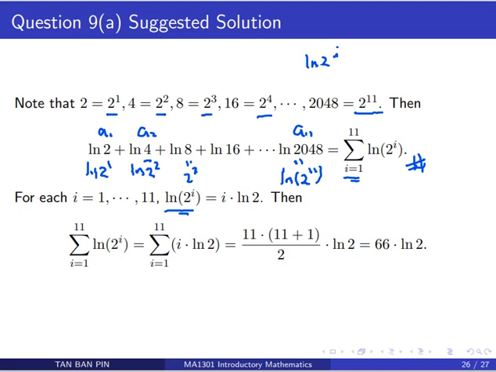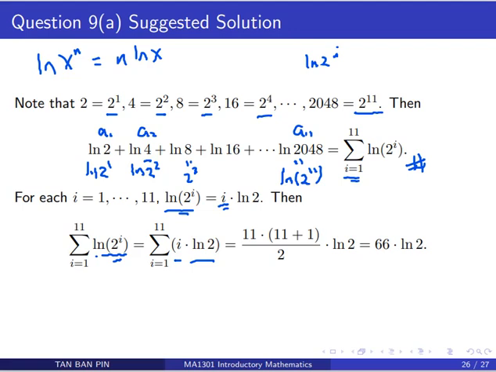So first we take note that ln x power n can be written as n ln x. So you can bring the power i down as i ln 2. So the summation of ln 2 power i can be written as summation i ln 2, i from 1 to 11.